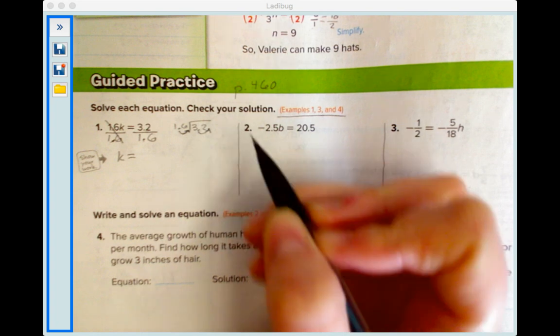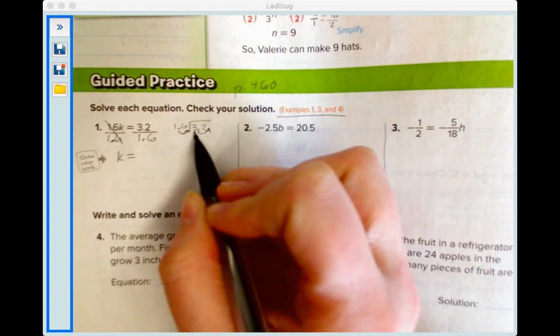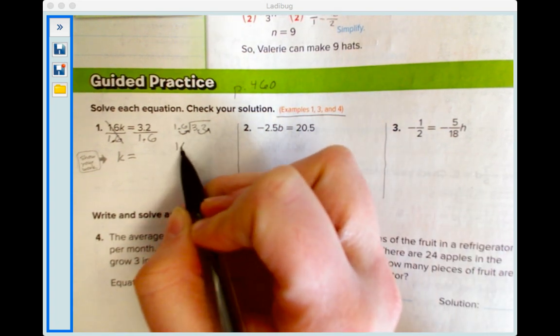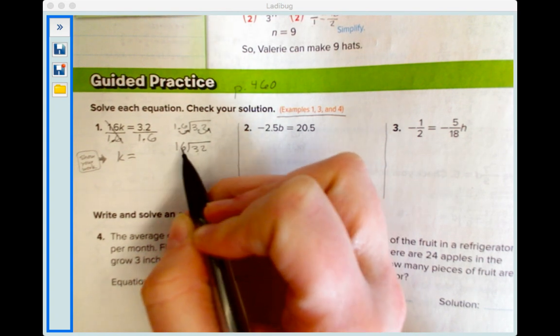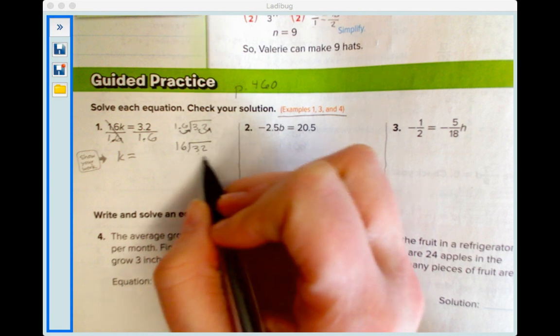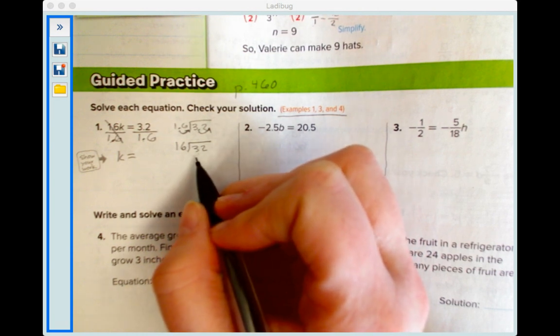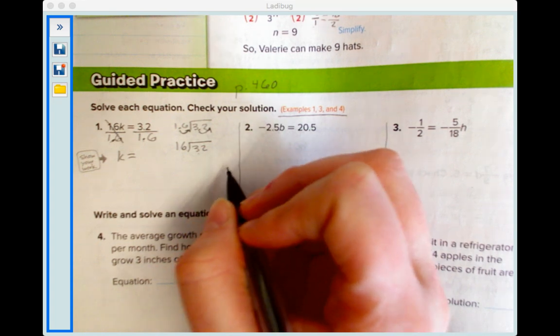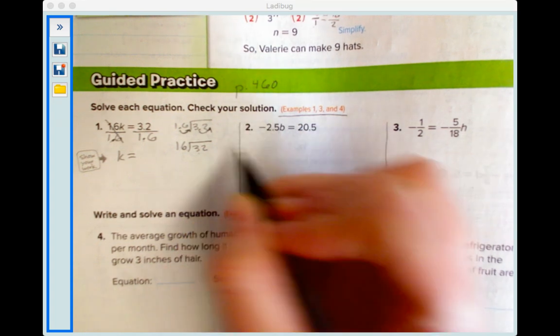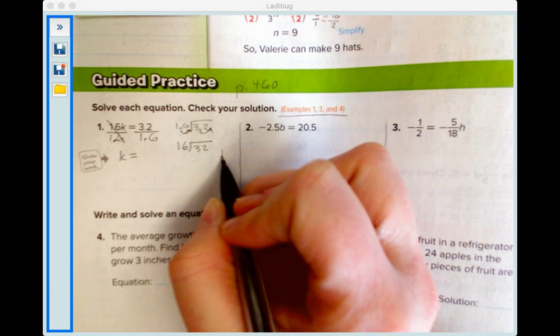Get rid of your decimal. Move it over. 16 and 32. So now 32 divided by 16. If you don't know this, you can use a calculator or skip count by 16, or guess and check multiplication.